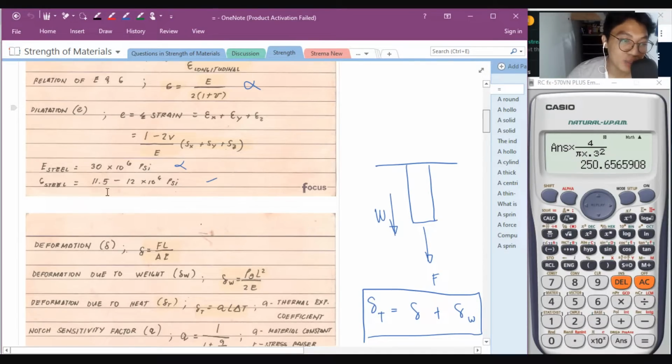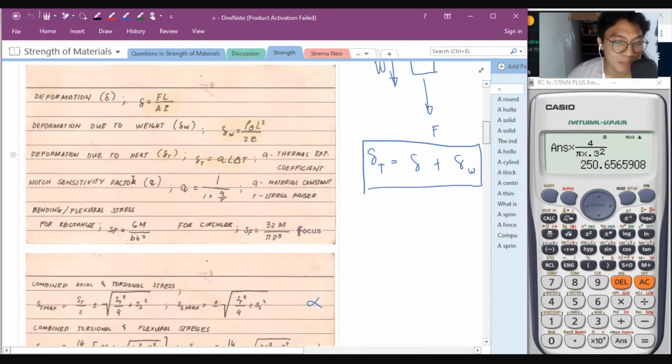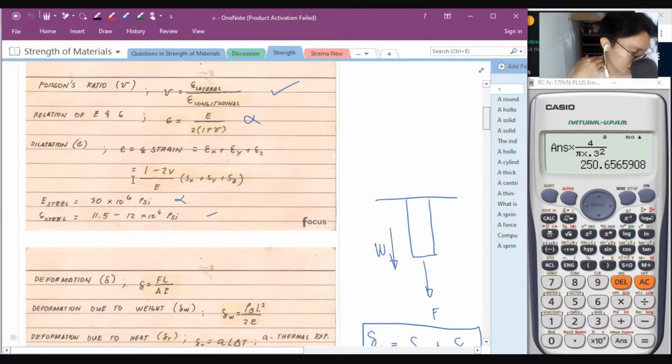Sa G, that is between 11.5 to 12. I-convert nyo na lang siya kapag SI units. Sa SI units, yung G ng steel, 80 to 83. Yung E naman ng steel, that is 200.